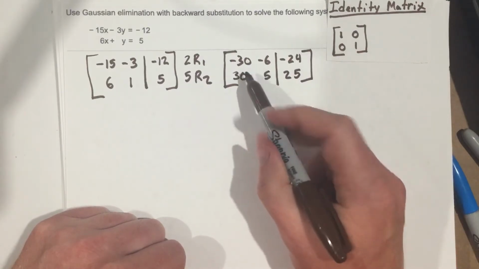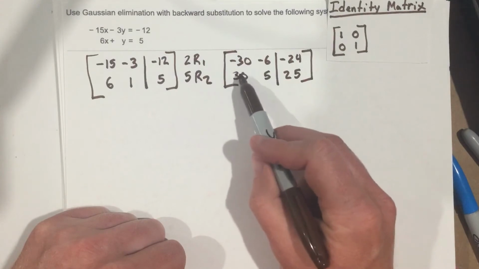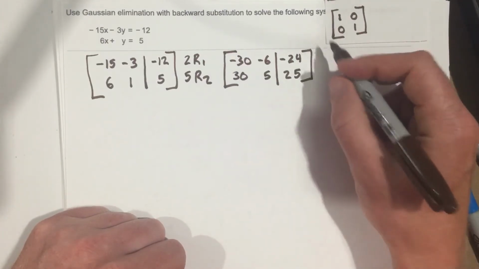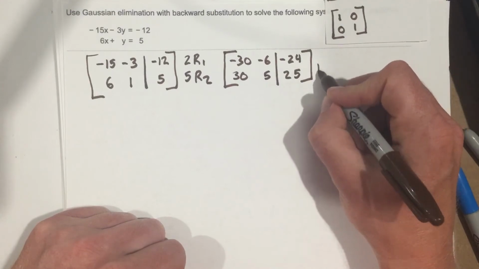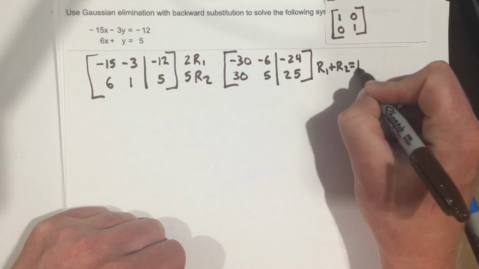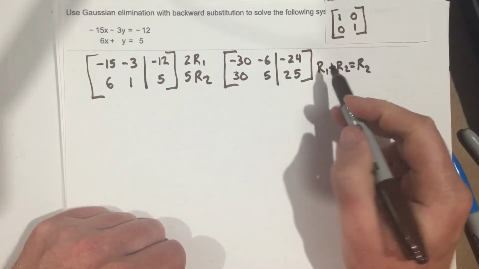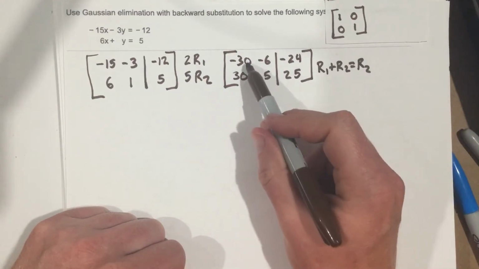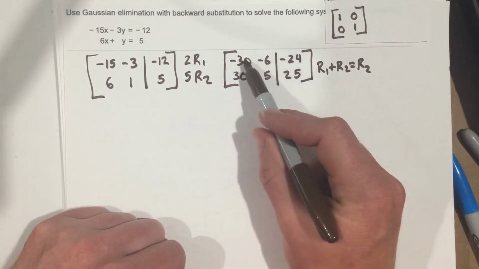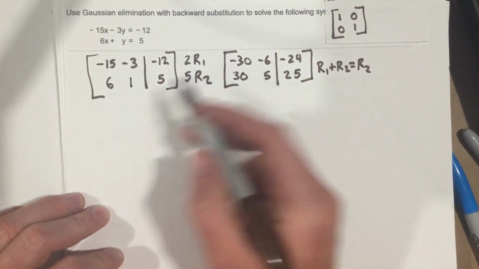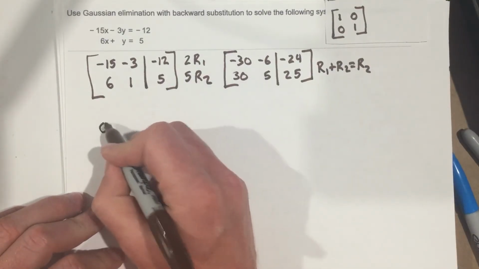Now that I have these set up, I'm going to cancel this spot here by taking row 1 plus row 2 equals row 2. Whenever I say row 1 plus row 2 equals row 2, it means I'm adding this row with this row. It doesn't change the first row, but it does change the second row. That's why I say equals row 2. So negative 30 and 30 gives me 0 for the bottom left corner.